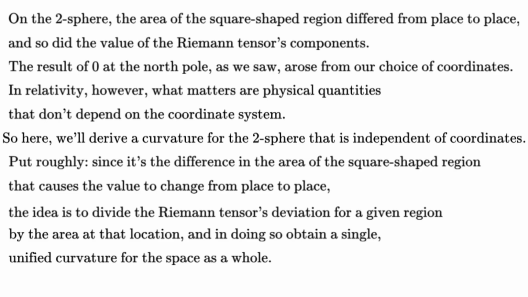So here, we'll derive a curvature for the two-sphere that is independent of coordinates. Put roughly, since it's the difference in the area of the square-shaped region that causes the value to change from place to place, the idea is to divide the Riemann tensor's deviation for a given region by the area at that location, and in doing so, obtain a single, unified curvature for the space as a whole.